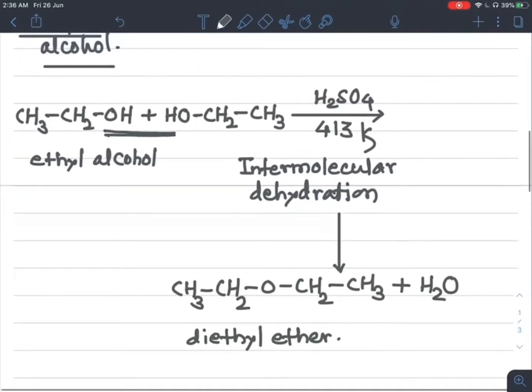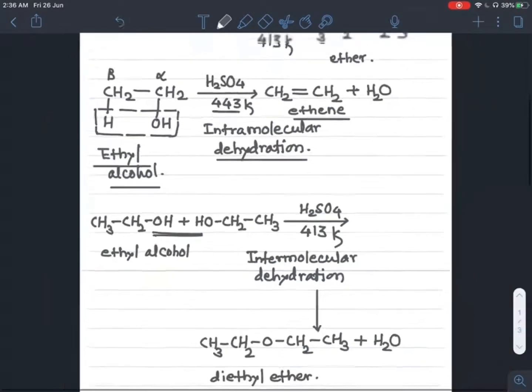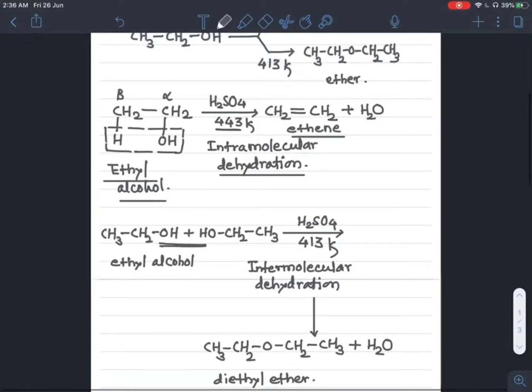So up to here, this is the first reaction. Ethyl alcohol when treated with concentrated H2SO4 at about 443 Kelvin, then we get its corresponding alkene by the removal of water.